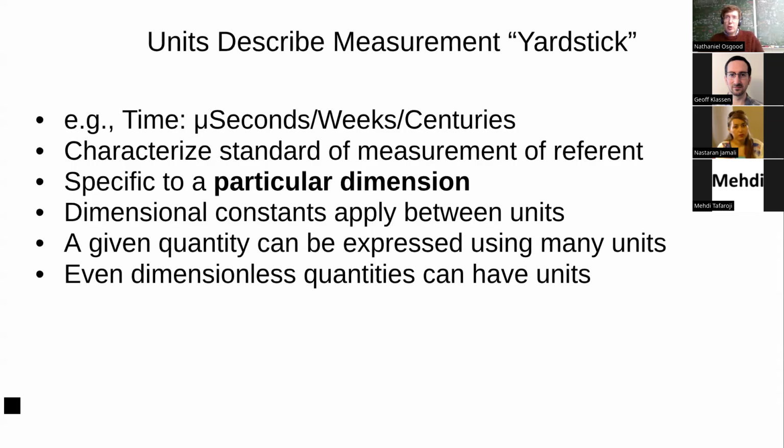Now, within this context of units, a given unit, as I say, it's fibered over dimensions, can be specific to a dimension. And a unit characterizes that standard of measurement, right? I said earlier, it doesn't make sense to add things of different dimensions.